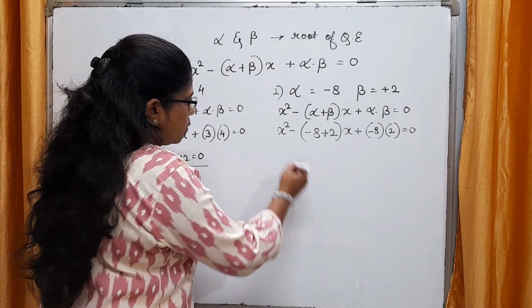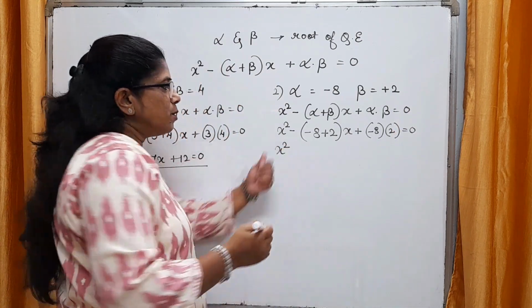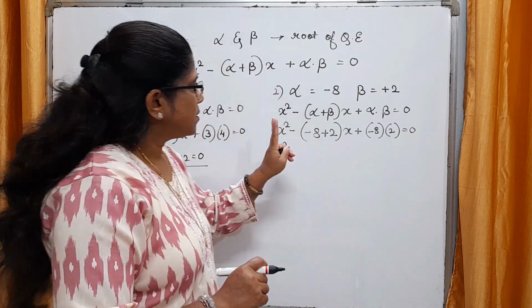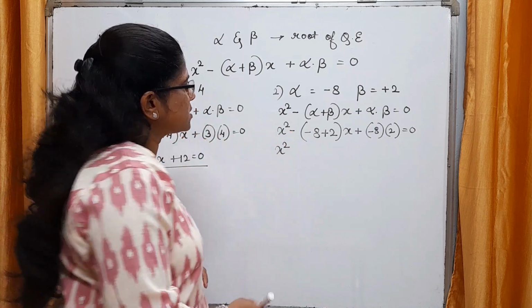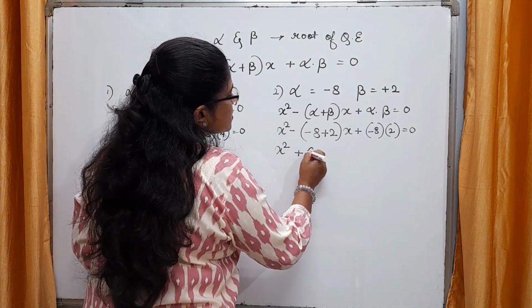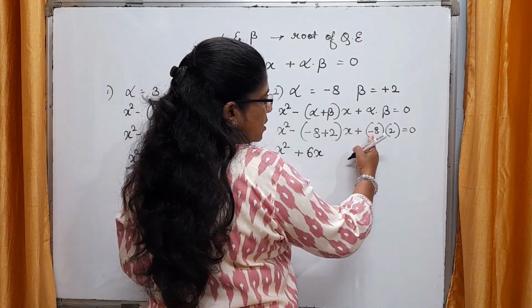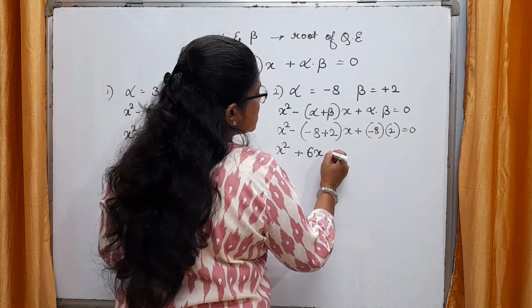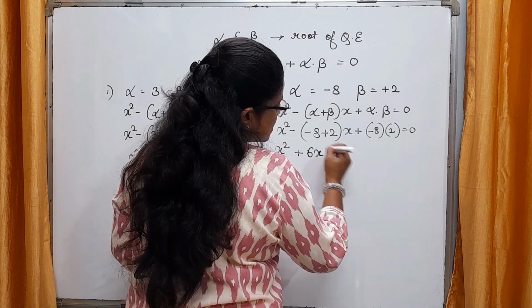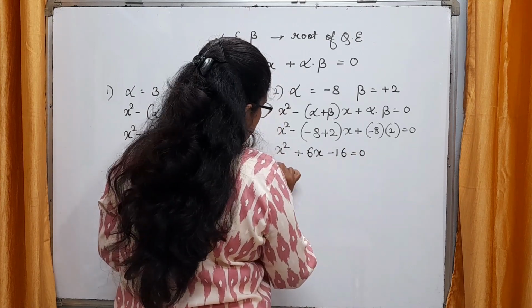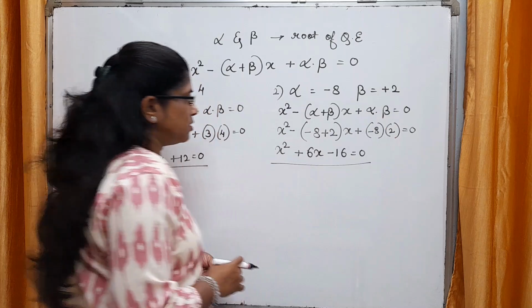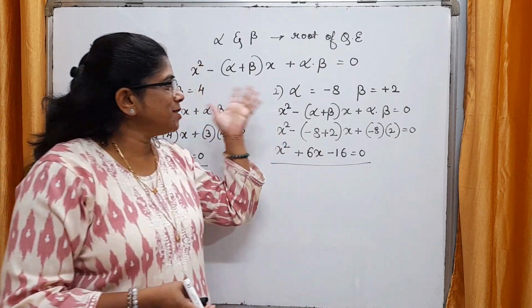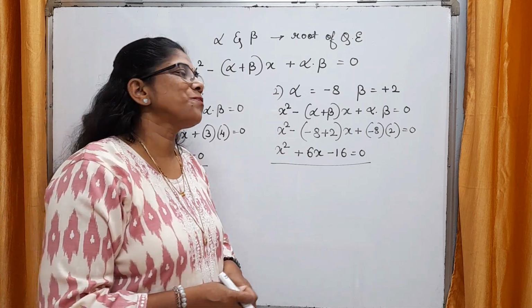Now here, minus 8 plus 2 is minus 6. Minus 6 into minus sign is plus 6x. Minus 8 into 2 is minus 16. Minus 16 with plus sign, plus into minus is minus. So this is our quadratic equation. Again you can cross check. Solve this equation and check whether we get minus 8 and 2 as the roots of this equation or not.